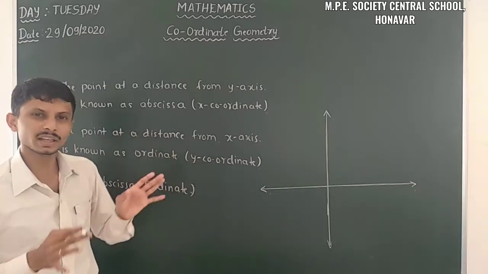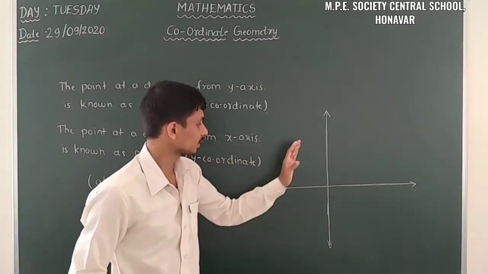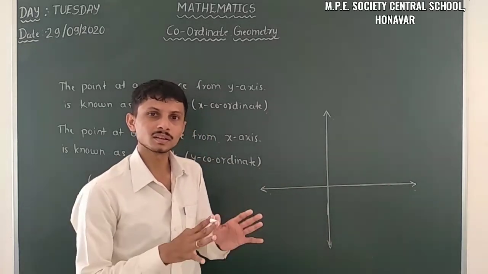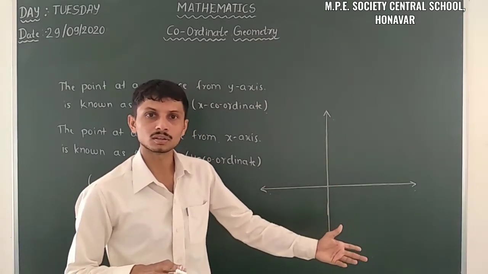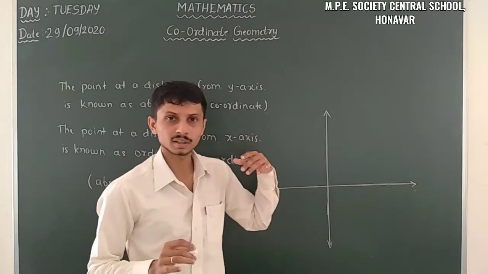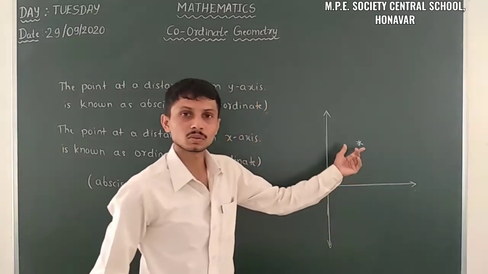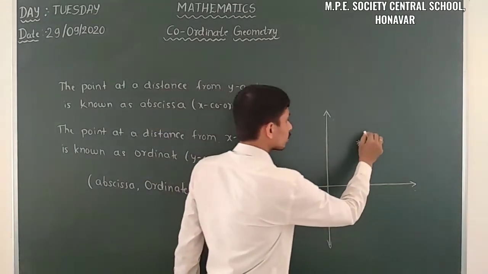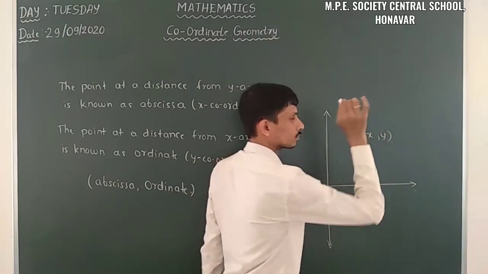Firstly we have to take one of the coordinate systems, that is the first quadrant, second quadrant, third quadrant or fourth quadrant. We already know that. We can take any one of the quadrants. Here I will take the first quadrant and locate a point in it, as a coordinate point x1, y1 or x, y.